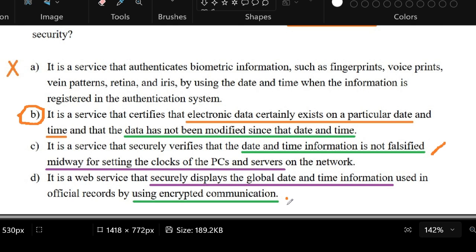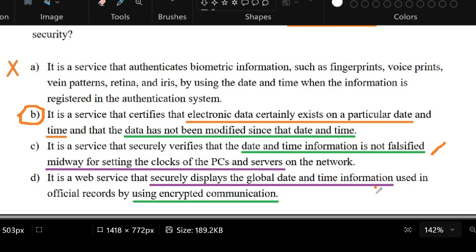And again, what we want is to use the date and time information to secure information, and not use another way, which is to encrypt the communication channels to provide the global date and time information.